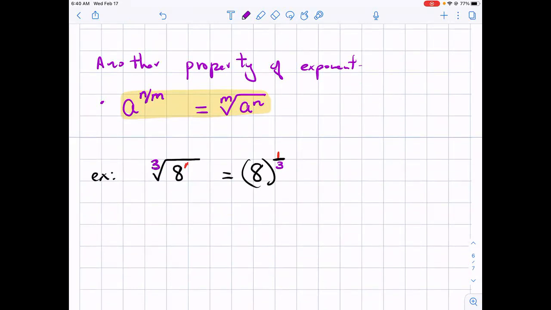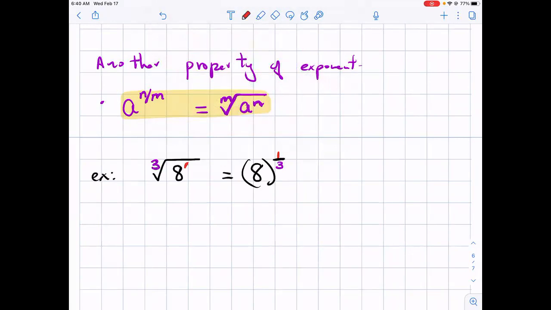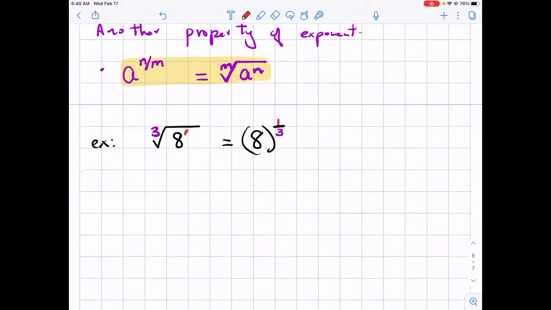The denominator is the index, so this becomes the mth root of a to the n. And if you look at this example, the cube root of 8, it is understood that for 8 we have a 1 power there, which we generally don't write. So this becomes 8 to the 1/3 power.